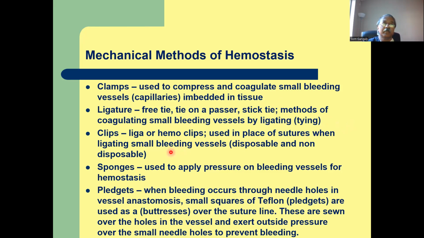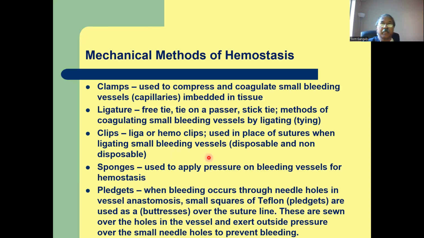We have clips. We have hemoclips. Hemo means blood, and blood vessel related clips. These clips are disposable, and nowadays we use disposable clips. We don't use non-disposable clips anymore, but we have a clip applier.